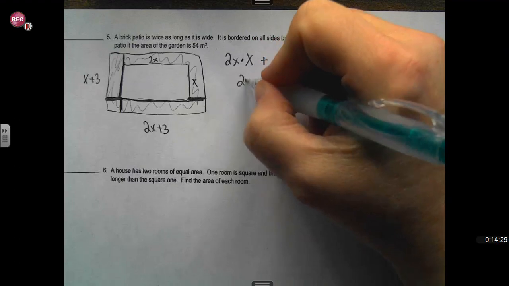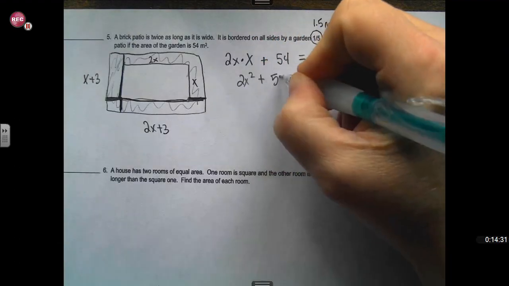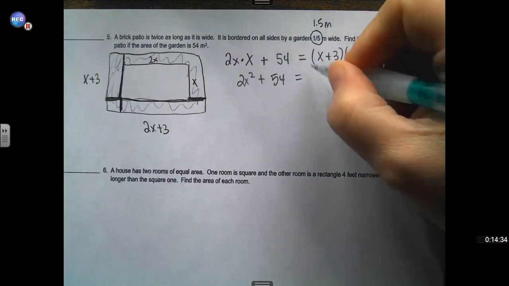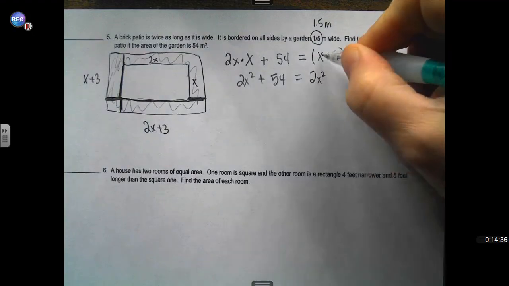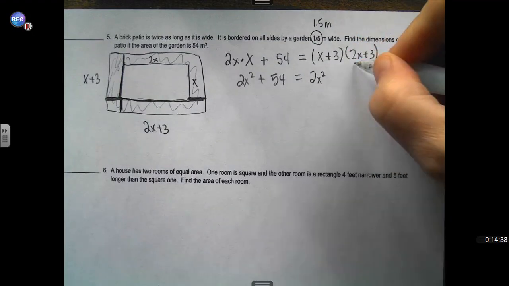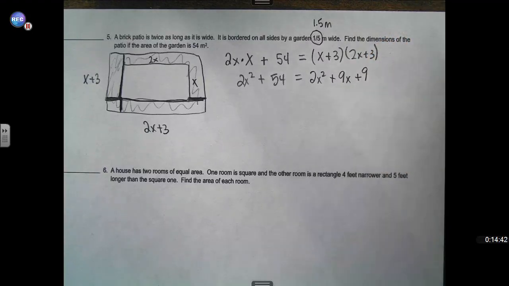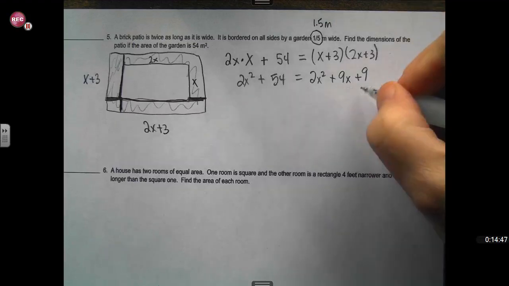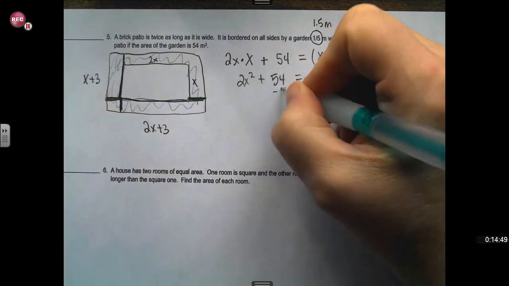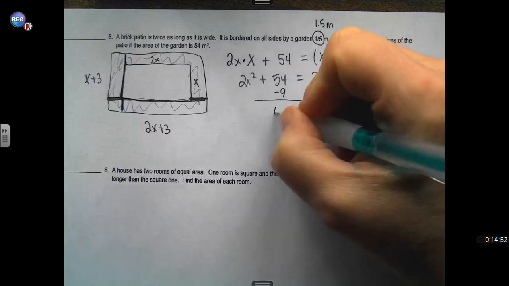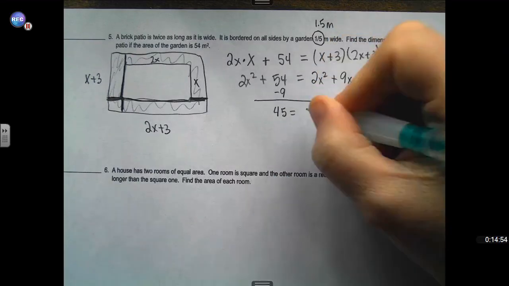So we had 2x squared plus 54 equals 2x squared plus 3x plus 6x is plus 9x plus 9. So again, those 2x squareds drop out. I'm going to subtract 9 from both sides and get 45 equals 9x.